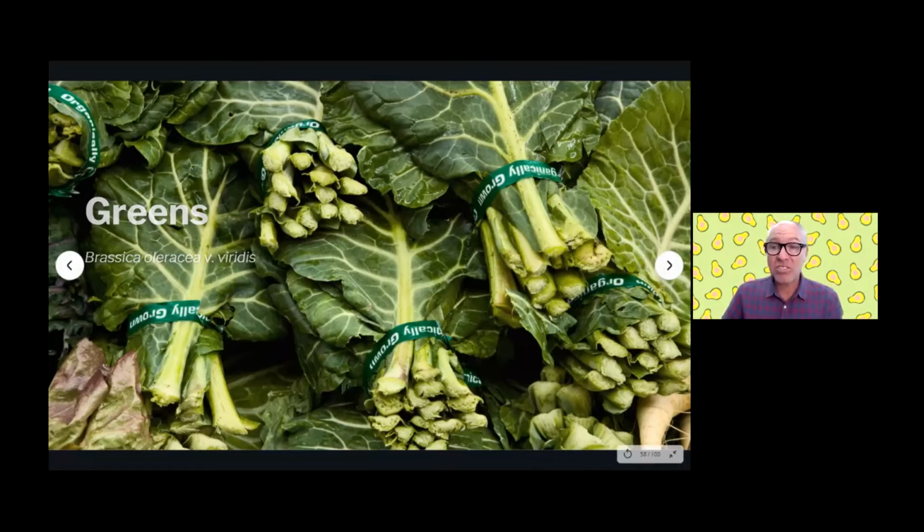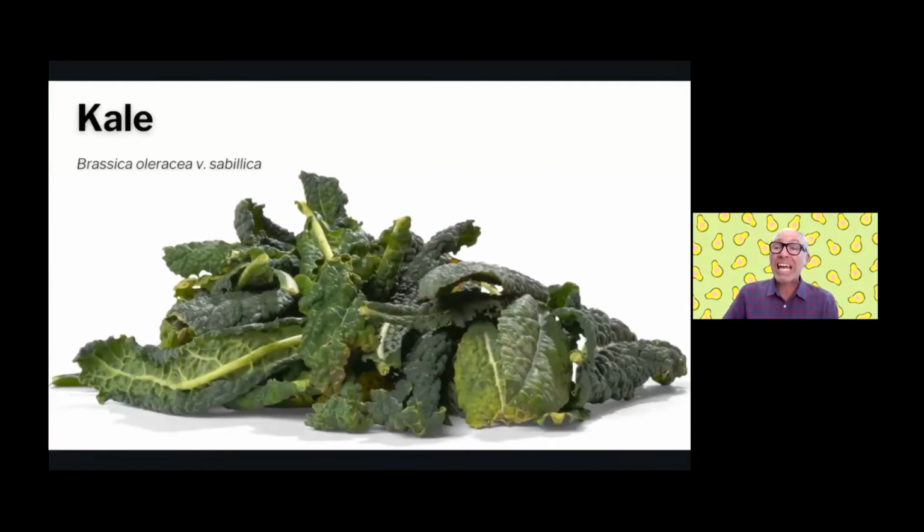Again, pretty much seasonal still. Kale is just Brassica oleracea with crinkly leaves. So there's nothing magic about kale. It's Brassica oleracea. It just happens to have these fancy leaves that have been selected for their curly qualities.